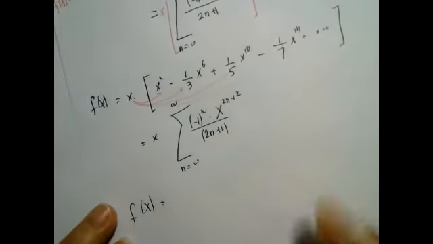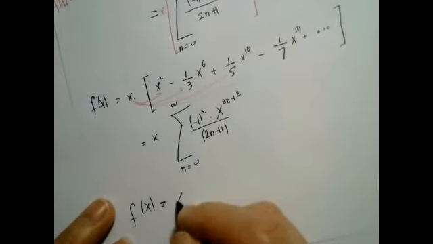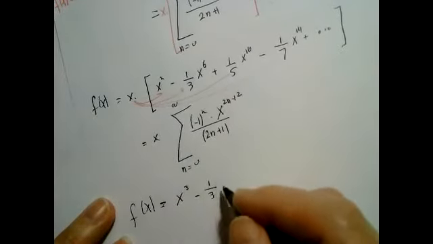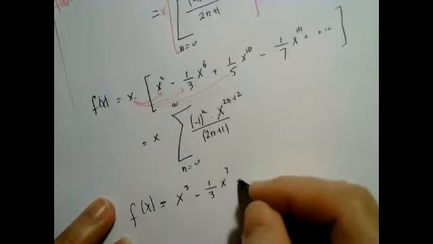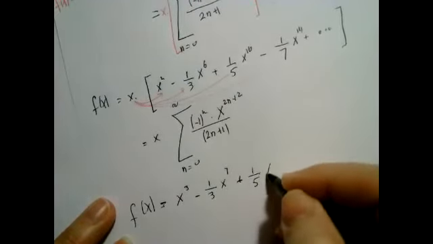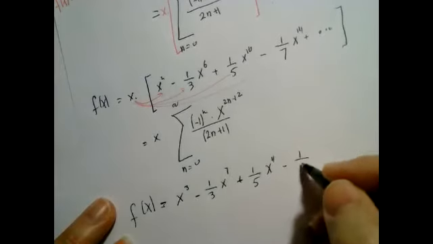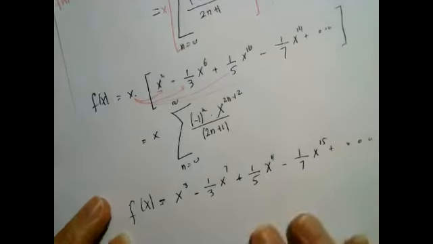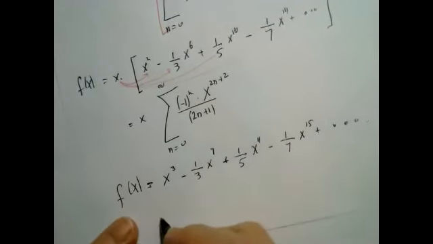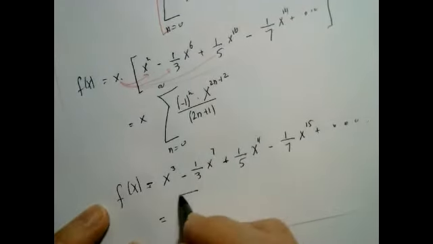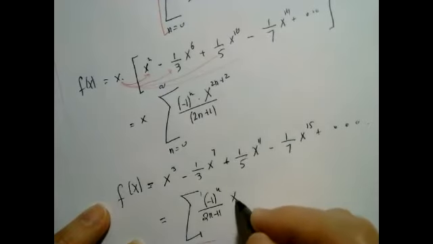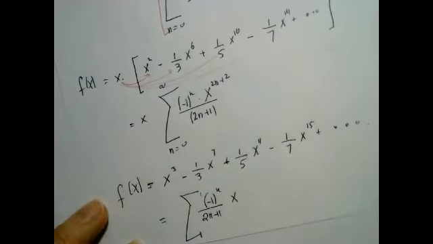The last step, which is going to give me the series the way we want: x cubed minus x to the 7 over 3, plus x to the 11 over 5, minus x to the 15 over 7, etc. Now in sigma notation, because I want it in sigma notation, it becomes the sum of minus 1 to the n over 2n plus 1, x to which power?